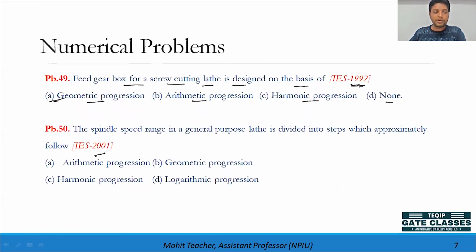So this is geometrical progression. The spindle speed range in a general purpose lathe is divided into steps which approximately follow the GP, okay.